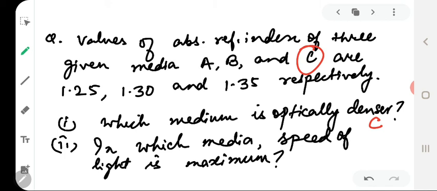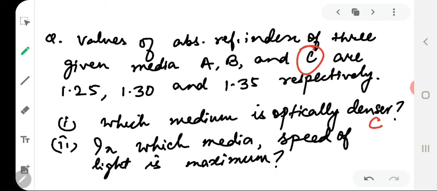Again, we find that refractive index of a medium is the ratio of speed of light in air to the speed of light in that particular media. This means that there is an inverse dependence between refractive index and the speed of light in a media. So greater the speed of light, lower will be the refractive index.